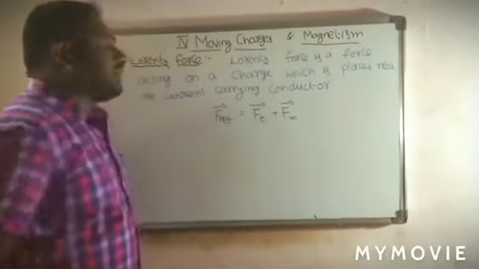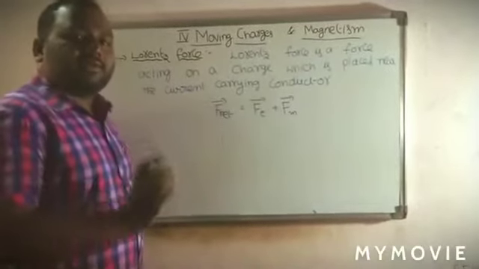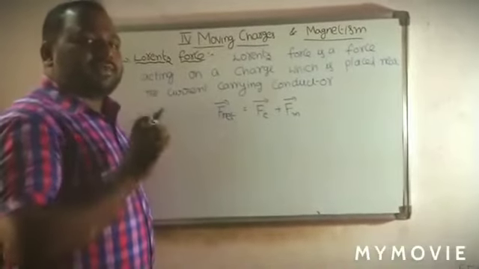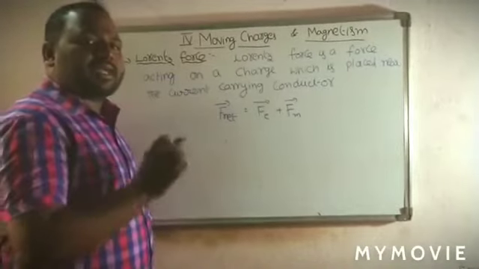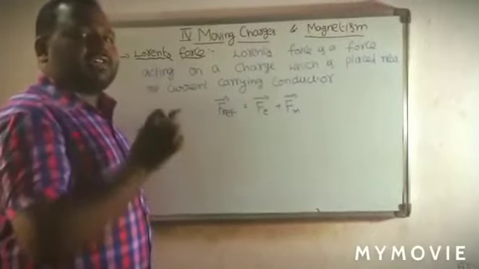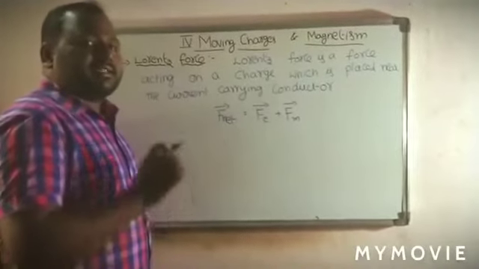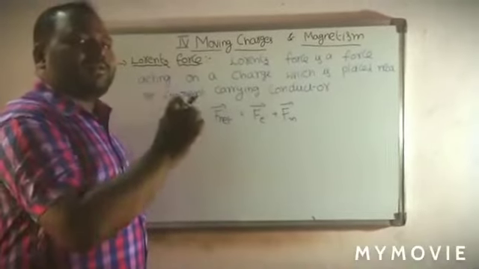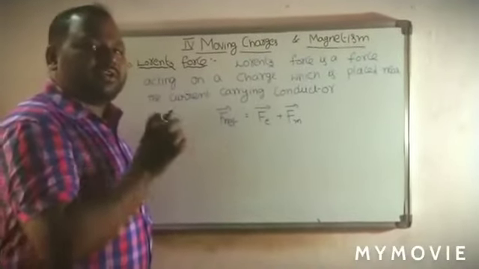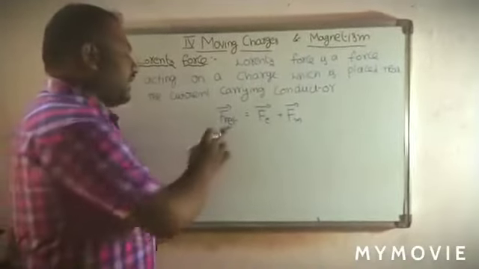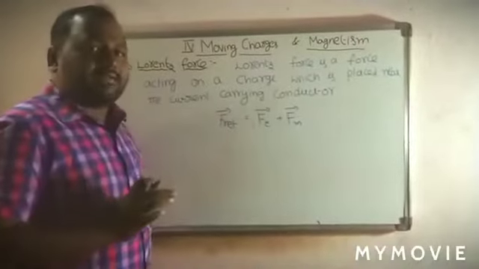This equation is known as the Lorentz force equation. When a charge is moving in the conductor, it has two fields, the electric field and the magnetic field.